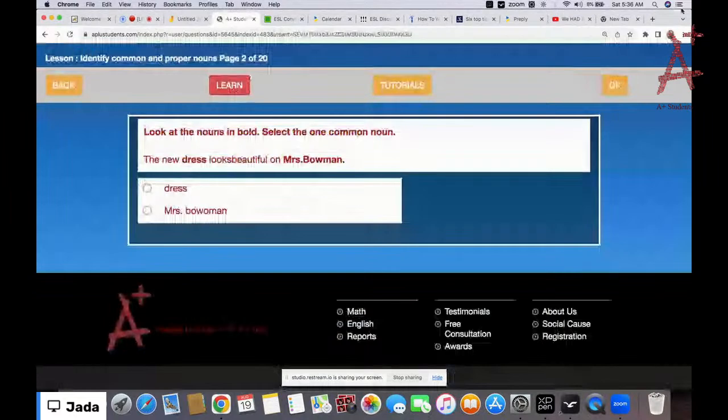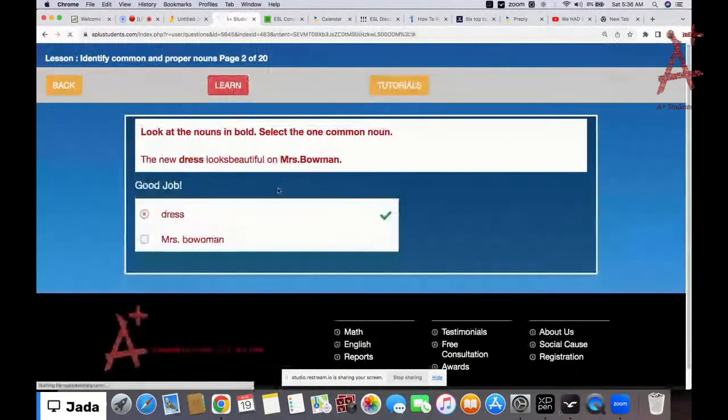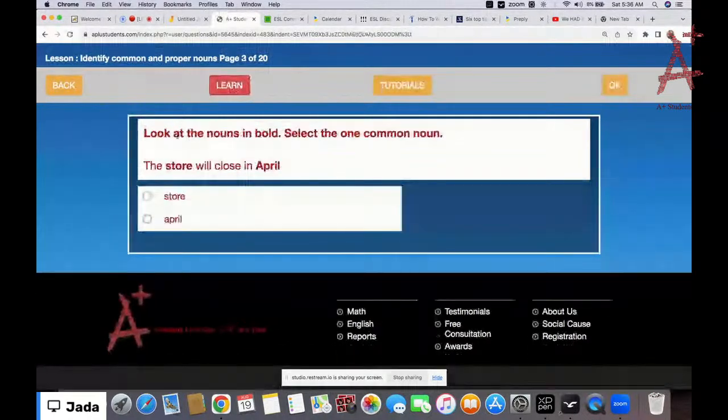So, next one, okay, this was in the tutorial. And then look at the nouns in bold, select the one common noun. So now you need to select the common noun. Everyone tell me which one is the common noun on the chart. Which is the common noun here?